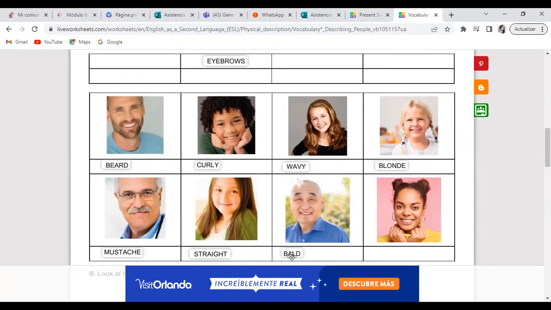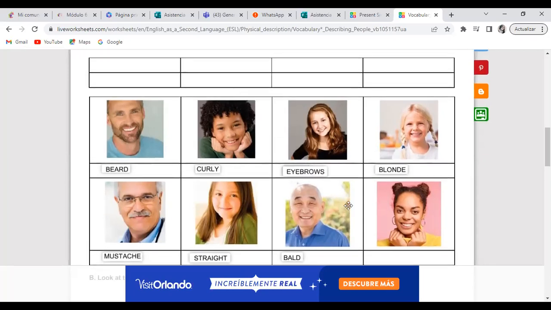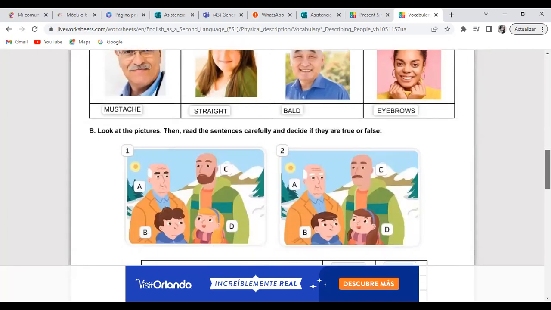Okay? So we say he's bald. And what about the woman over here, guys? She has thick eyebrows. Tiene cejas pobladas. She has thick eyebrows. And that's it.